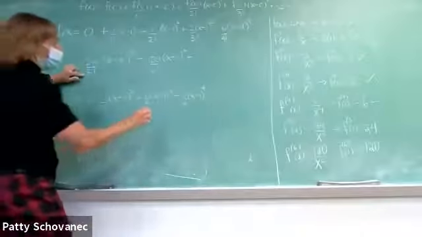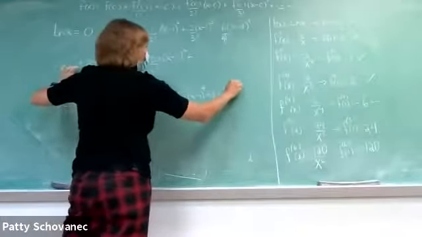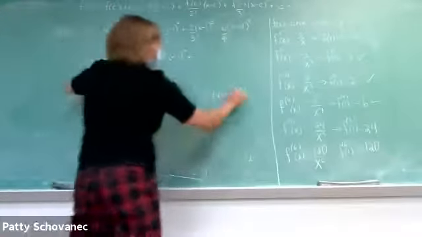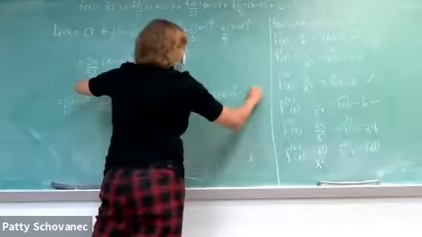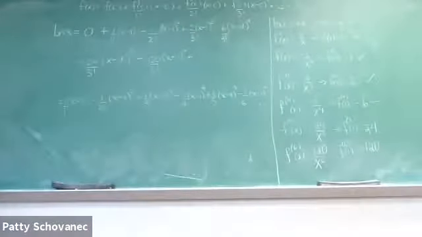This 4 factorial cancels here, giving me plus 1/5 x minus 1 to the 5th. That's a 5 factorial, so I get minus 1/6 x minus 1 to the 6th, and so on. Now my challenge to you is to write this in summation form using the variable k.